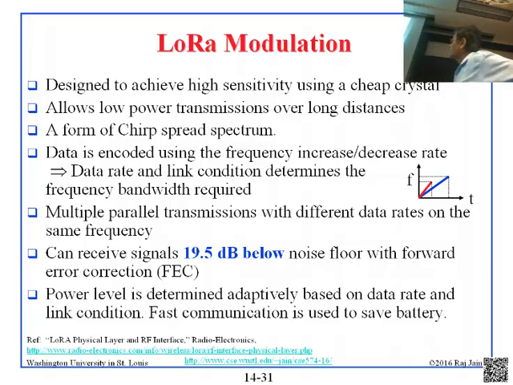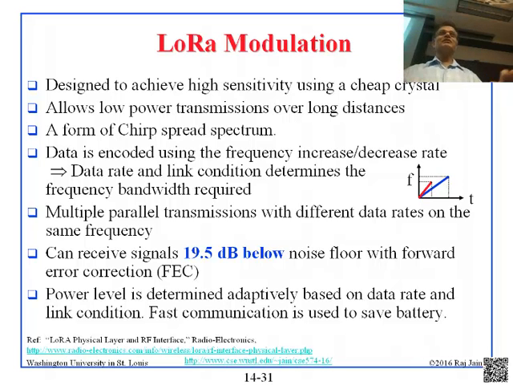And so now what it does is it keeps all the good stuff of the Chirp spread spectrum, but also allows you to do multiple parallel transmissions. And you can receive 19 dB below the noise floor. So if nobody speaks here, there is some noise, radio noise.